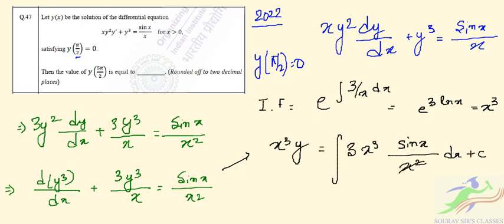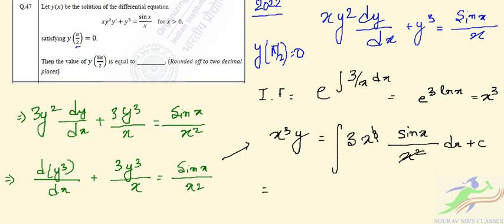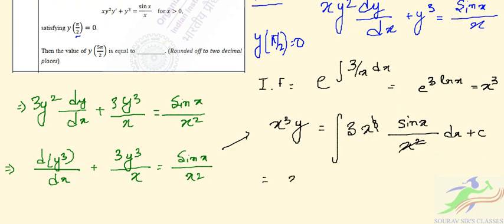Okay, so x square and x cube will cancel out, so x will be there. So if we do the integration over here, it will be 3 times integral of x sin x, which is x times minus cos x, minus the integral of 1 times minus cos x.